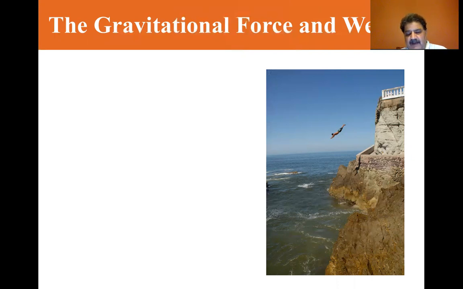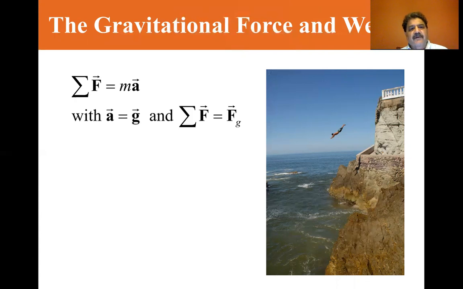Now, a freely falling object experiences acceleration g acting toward the center of the Earth. Applying Newton's second law to a freely falling object of mass m, we get the sum of the forces equals ma, the mass times acceleration. We substitute g for a, and we get the force equals the gravitational force.